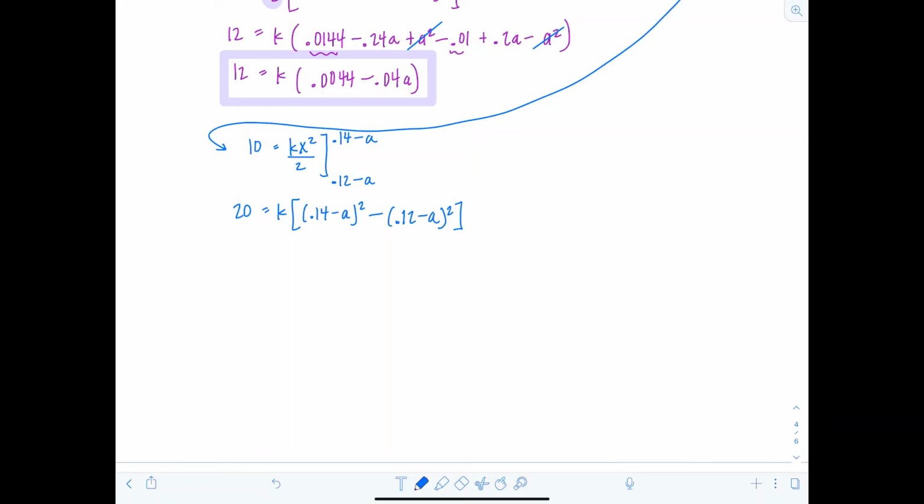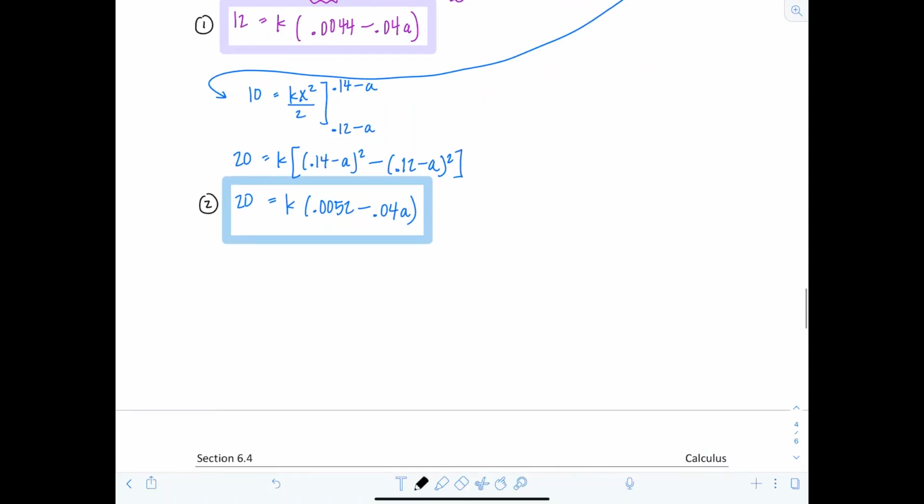And then you multiply it out, combine your like terms, and you should end up with 20 equals k times 0.0052 minus 0.04a. So here's our second equation. Okay, so now here's our system. We have this first equation and this second equation, so I'm going to stack them now and solve this system.